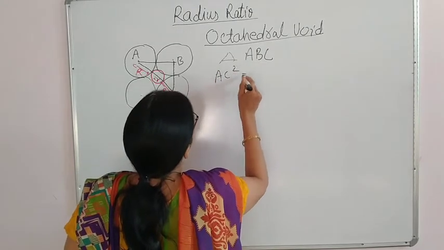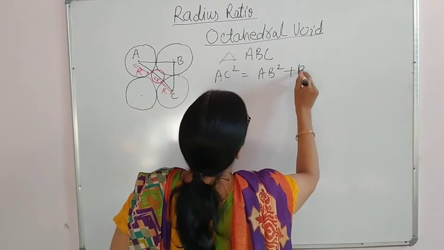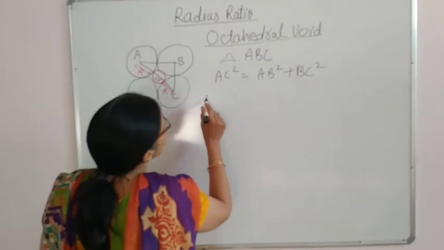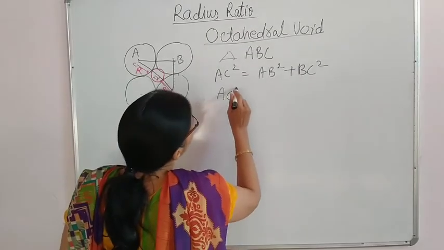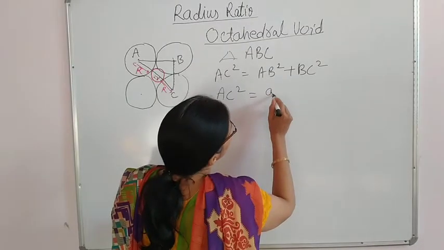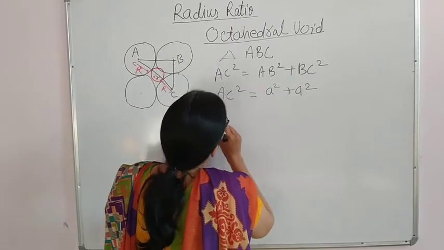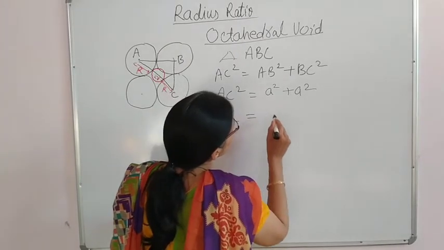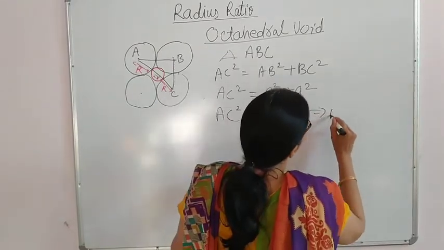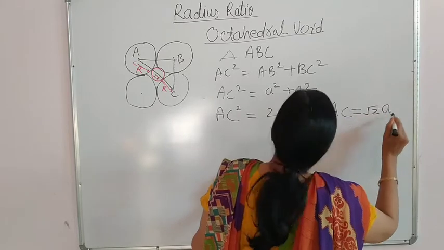AC square is equal to AB square plus BC square. You know that AB is of length a, so AC square is a square plus a square, so AC square is equal to 2a square, and AC is equal to root 2 a.